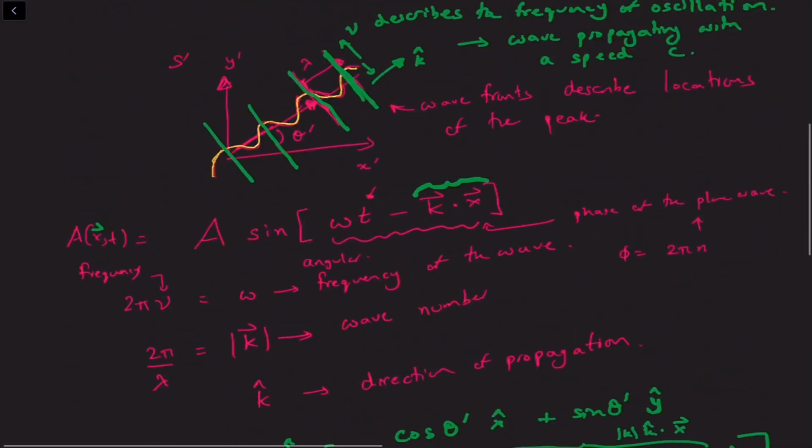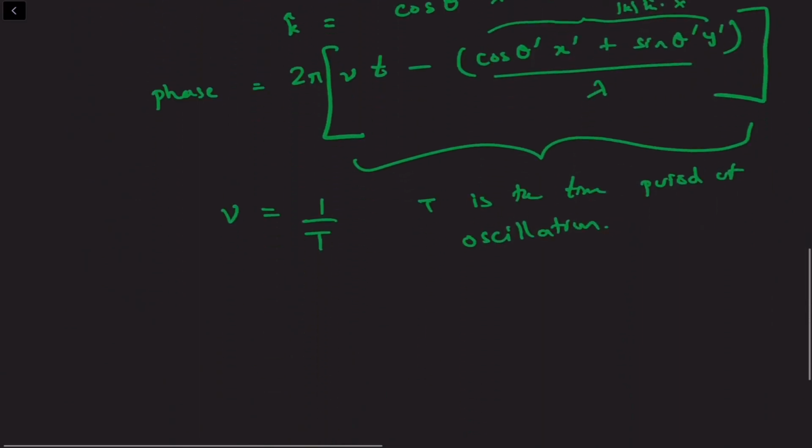The speed of the wave would be the time it takes for the wavefront over here to appear to have moved to this position over here. The distance that it covers in one time period would be lambda. Lambda is the distance covered by the wavefront in one time period.